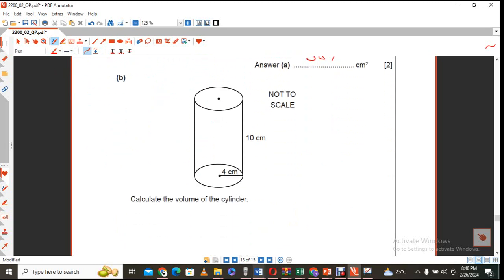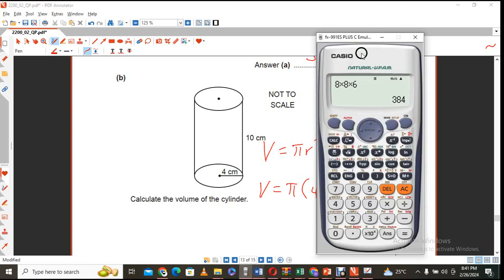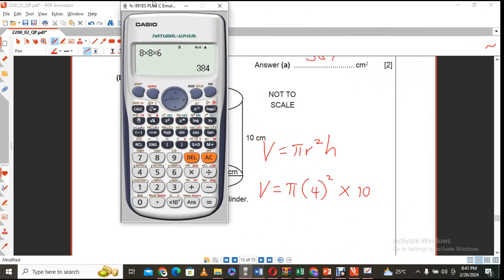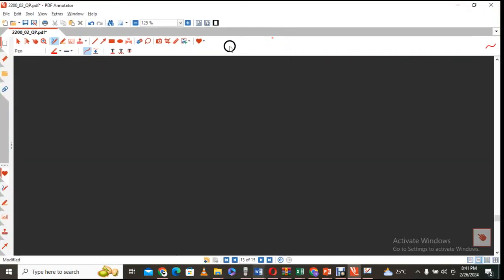The volume of a cylinder: the formula to calculate the volume of a cylinder equals pi r squared, which is the cross section, a circle, times the height. The radius is 4, and the height is 10. Again, let's punch that on our calculator and see what we get.